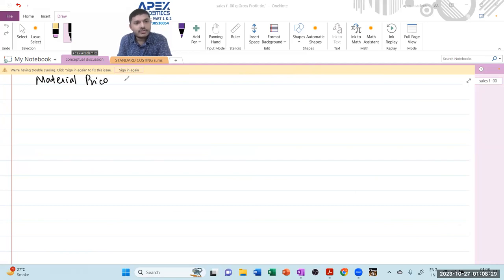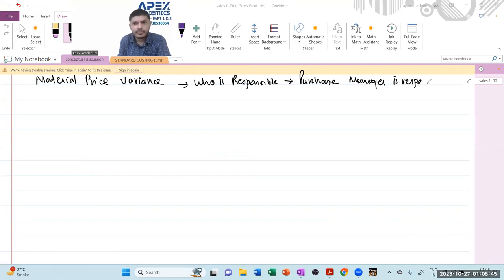Now we are talking about first material price variance. Who is responsible? Purchase manager is responsible. What is the target of this purchase manager?